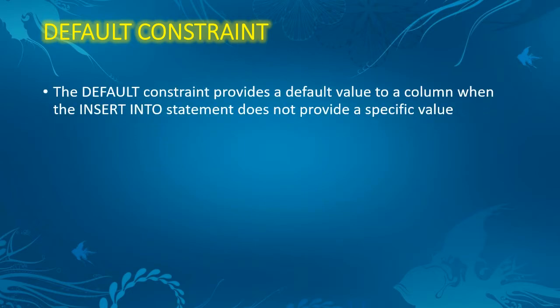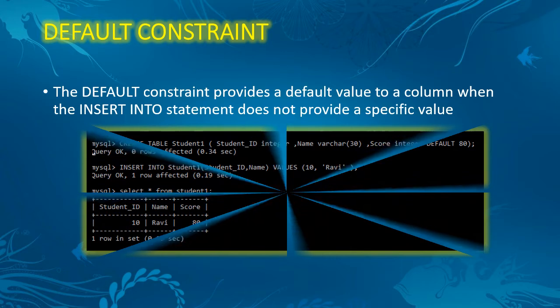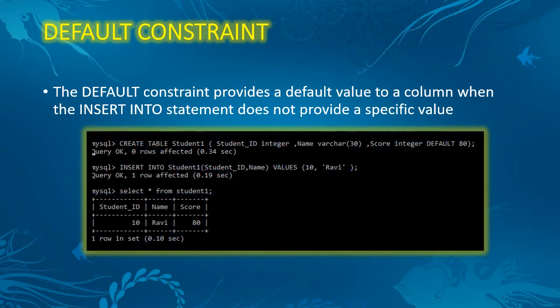Next, default constraints. It provides the default value for the column when you don't give a value for that column while inserting the row. See here, student1 table is created. Here student ID integer, name varchar, and score integer, whose default value is 80.